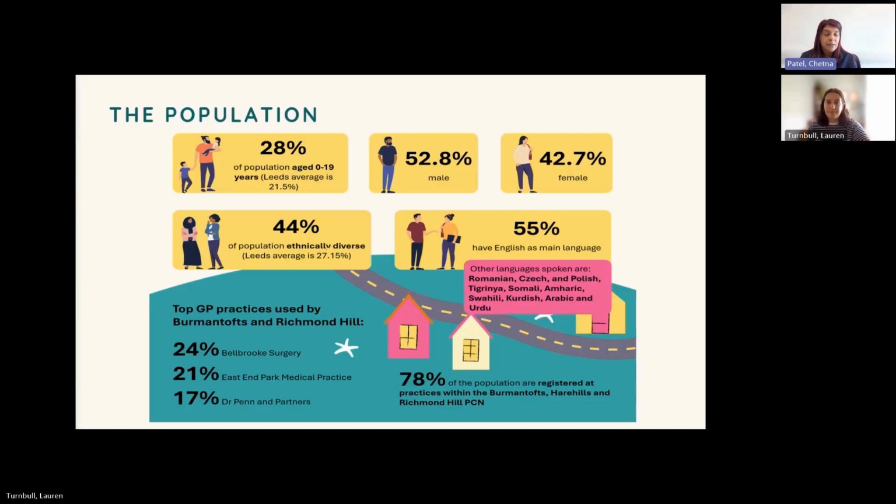And how this is done is it's ranked according to LSOA areas, which are lower super output areas, populations of around 1,000 to 3,000 people. And what happens is you rank people according to the most deprived to the least deprived. And so if you think of our population in Bermondsey and Richmond Hill, we're in those least deprived, most deprived areas. So that's how it's worked out.